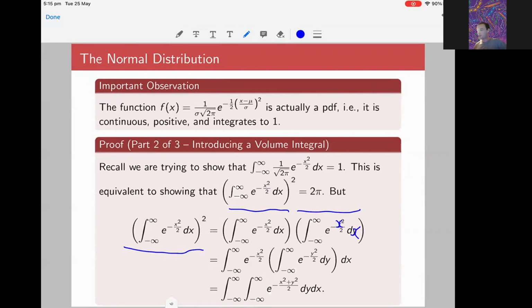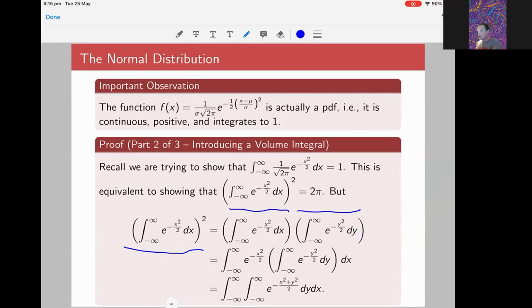But as I've tried to convince you on a number of occasions this semester, if you've got an x inside an integral that you're integrating with respect to dx, then that's just a dummy variable. You can replace it with any other letter, and let's, for argument's sake, choose y to be our letter.